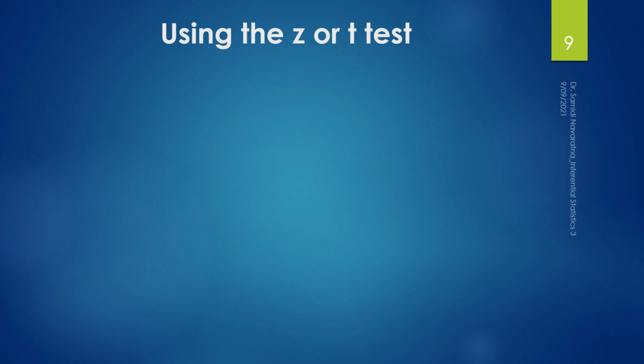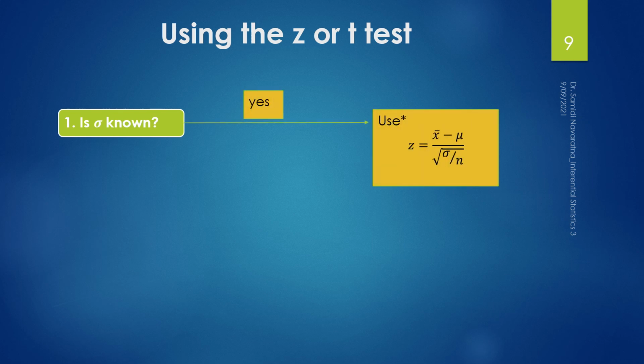As in the constructing of the confidence intervals, it's important to know when to use the z-test and the t-test. So similarly, you need to first see whether you know the population standard deviation. If yes, you use the z-test irrespective of the sample size.